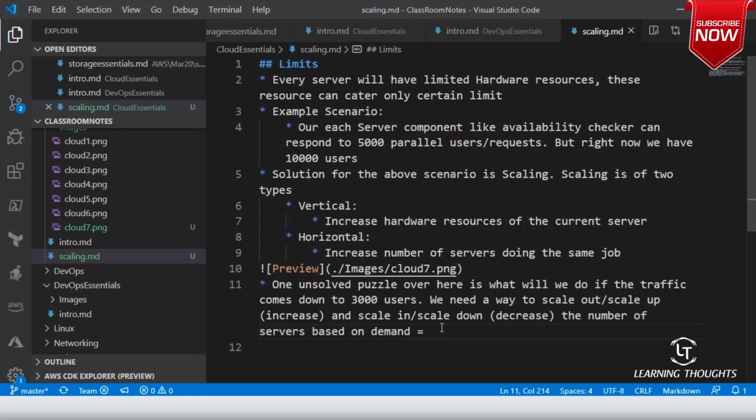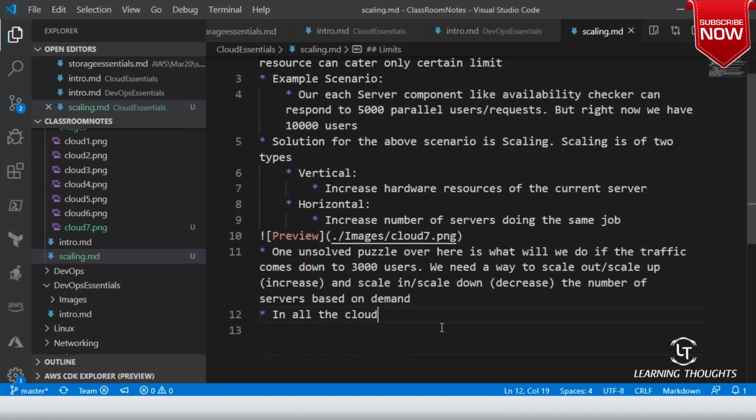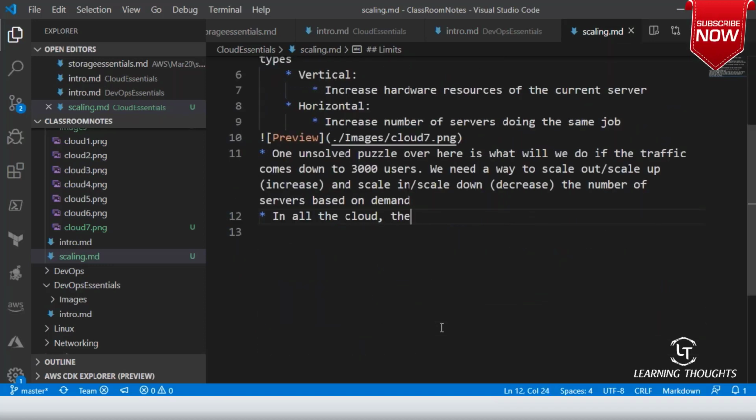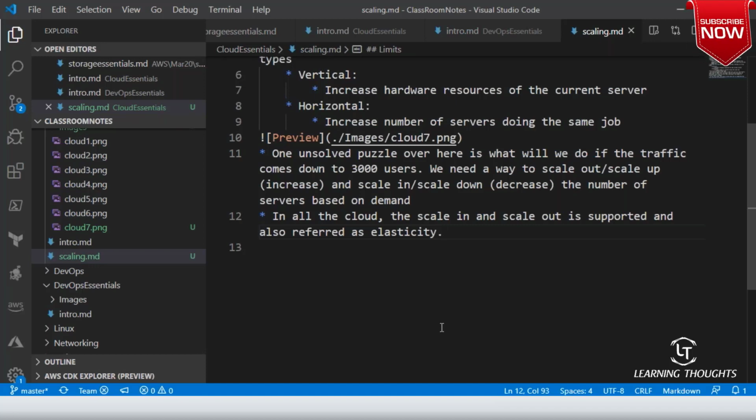In all the clouds, scale in and scale out is supported and also referred to as elasticity.